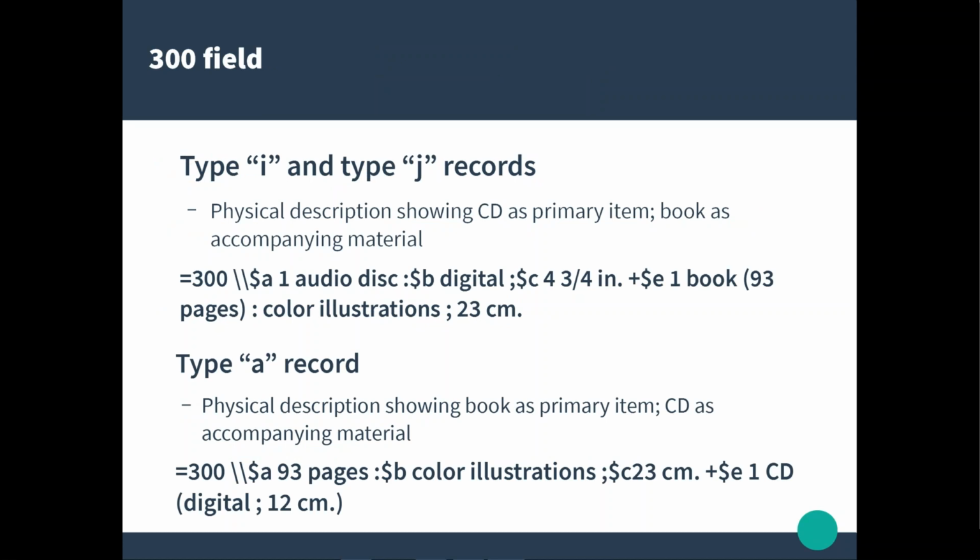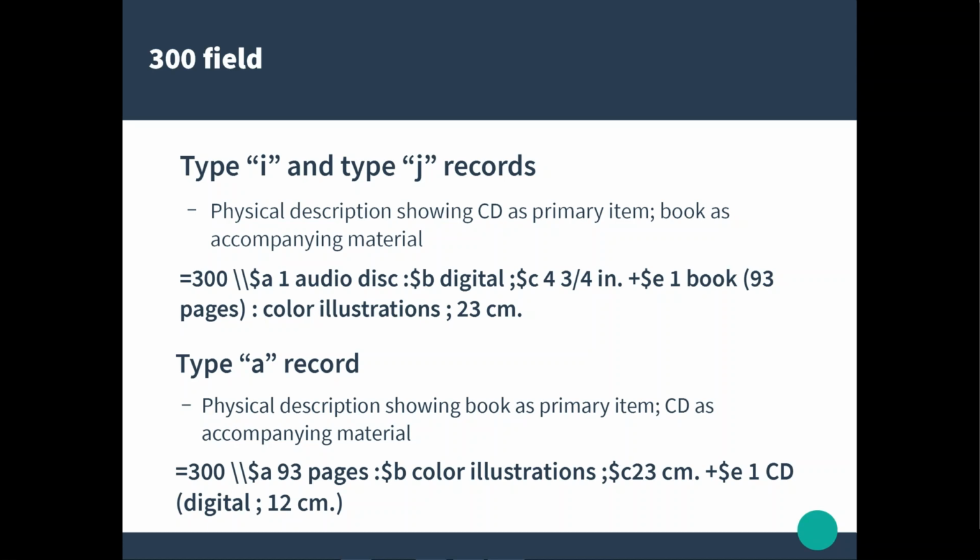If you are choosing a type I or a type J record, where what we've said is that the CD is the primary item, we want to make sure that in the 300 field the description is primarily for the CD.